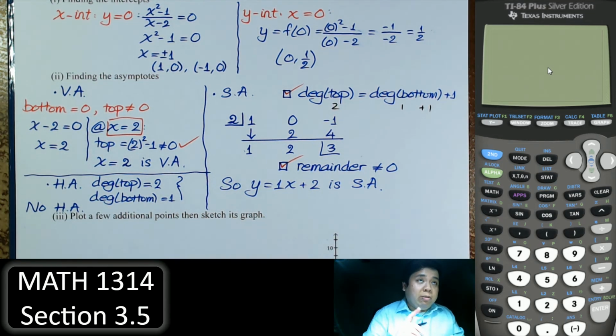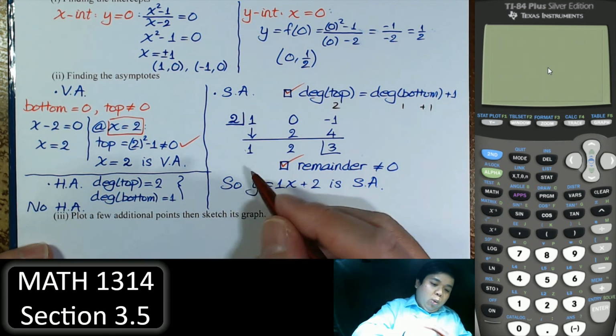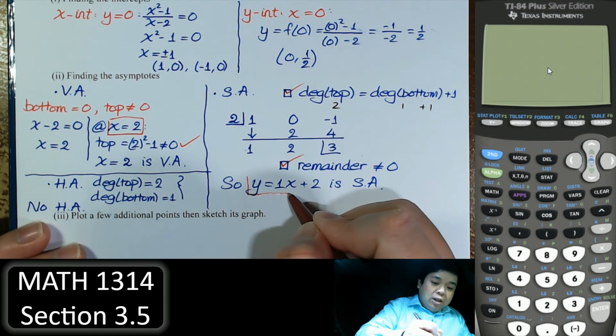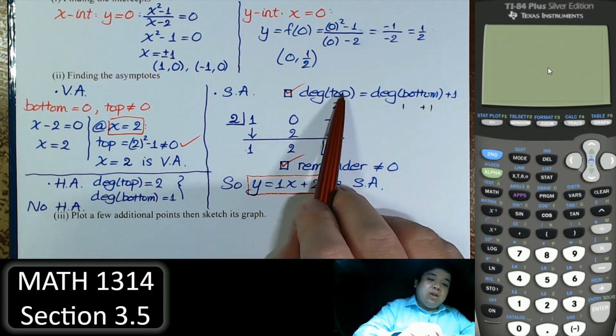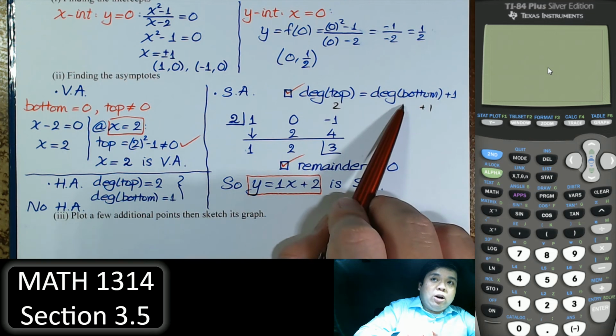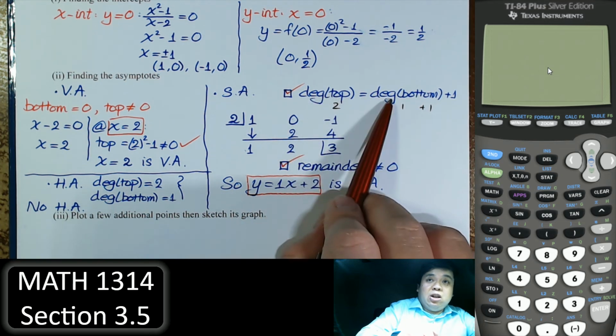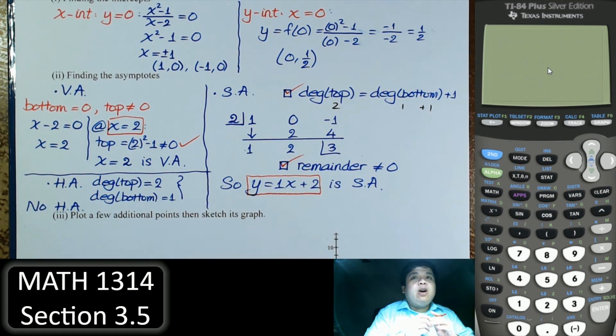Right, so we have the vertical asymptote, the slant asymptote. When there's a slant asymptote, it cannot be the horizontal asymptote, right? Because when we have the slant asymptote, degree on top is 1 more than the bottom, so it's already bigger than degree at the bottom. So we cannot have horizontal asymptote and slant asymptote at the same time.